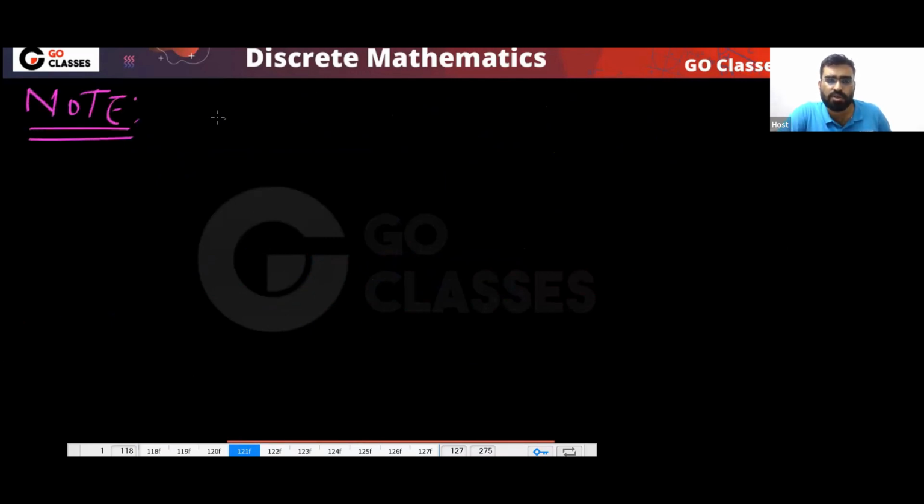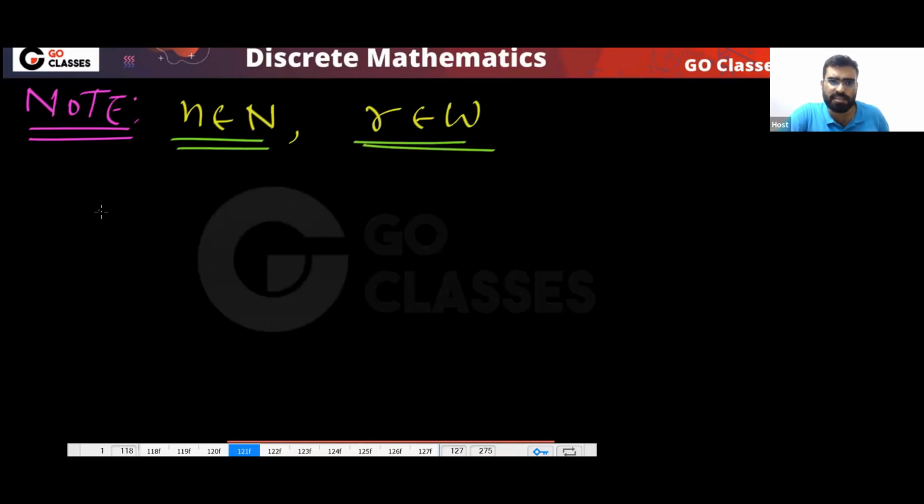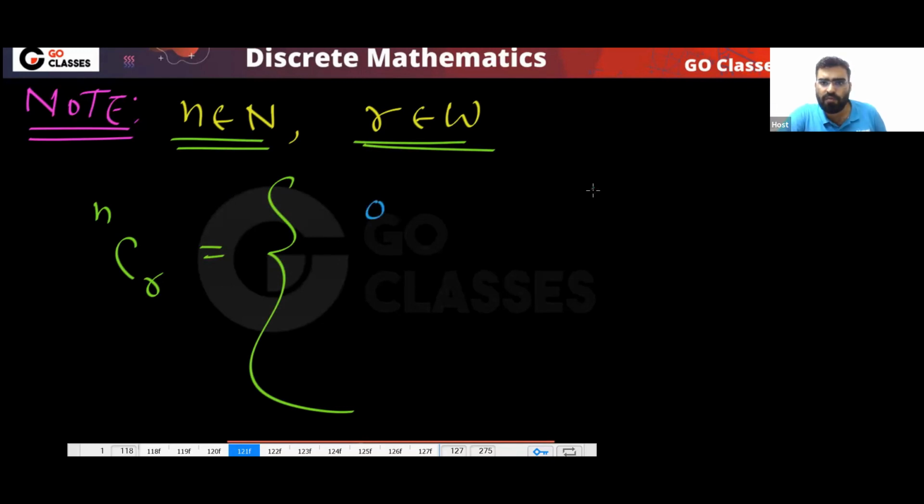If your n is a positive integer and your r is a whole number, in this situation, what will be NCR? NCR will be 0 when r is greater than n.